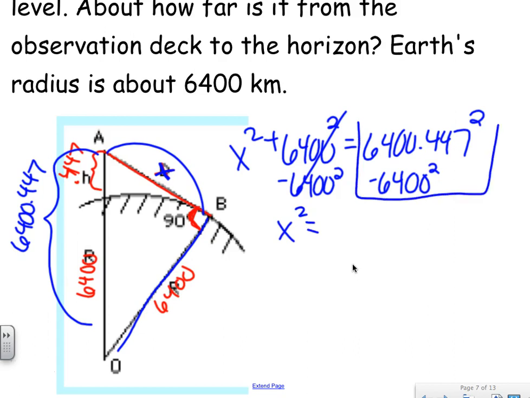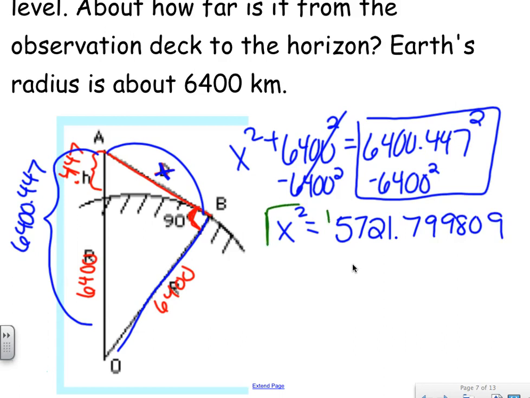If you want, you can just type in this big number into your calculator, and you should get 5,721.7999809. Okay? To get x, I'm going to square root to get rid of that squared.